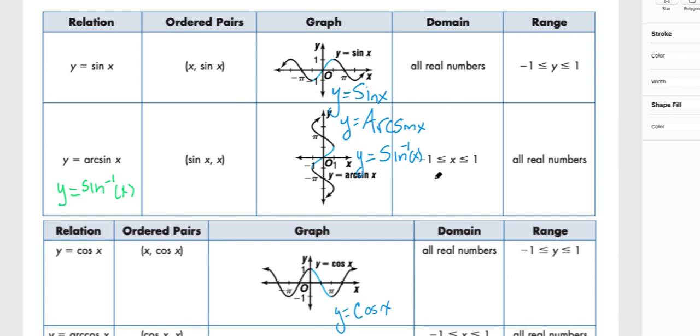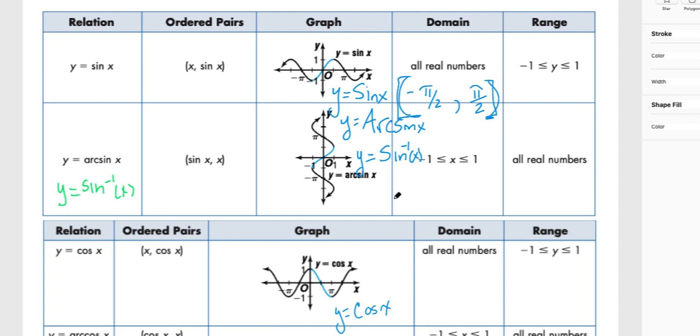The principal values that we're going to talk about for y equals capital sine are going to be the domain where we have -pi/2 up to pi/2. I'm going to write that in parenthetical notation like that. And so we have those values. I guess -pi/2 and pi/2 would be included.